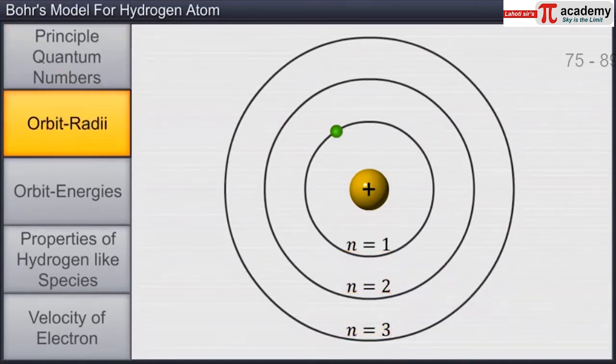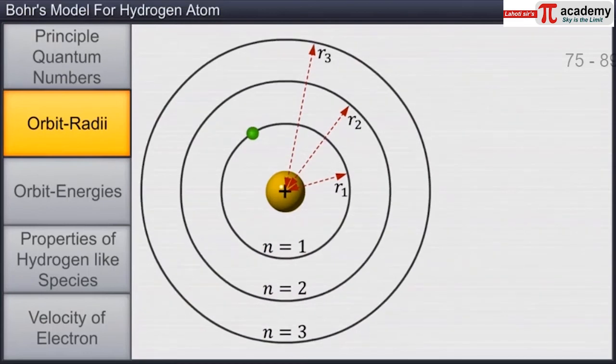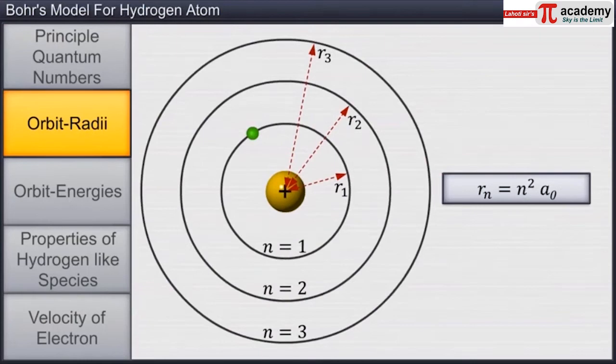The radii of stationary states or orbits can be given by the expression radius of the nth orbit, rn, is equal to n squared multiplied by the constant a0, which is equal to 52.9 picometer.